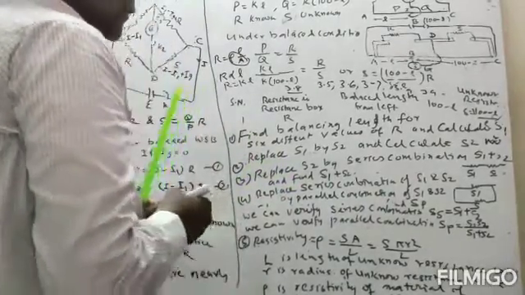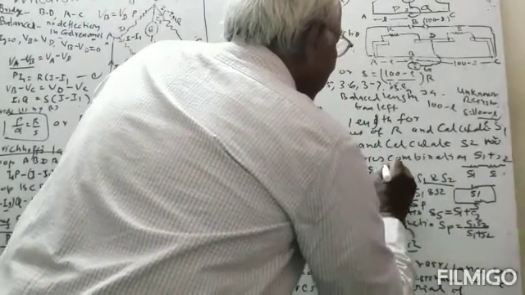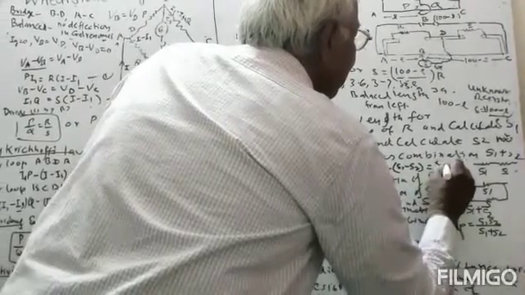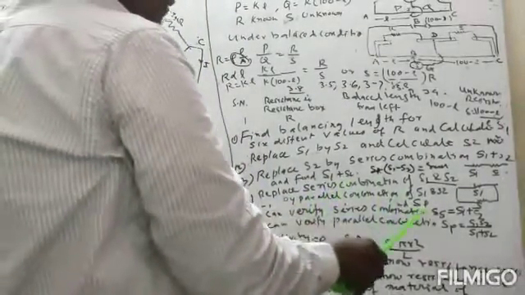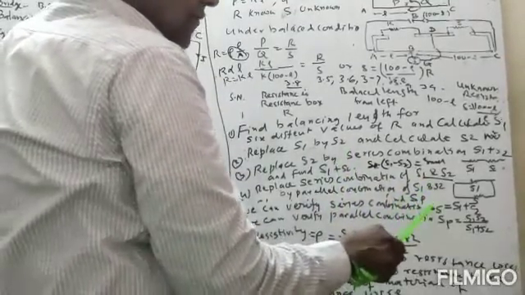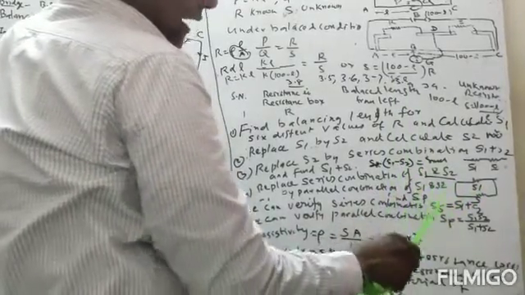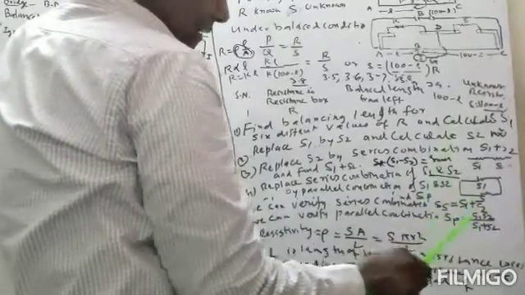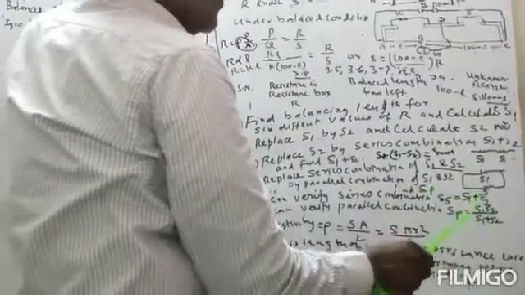The difference between the measured series value and S1 plus S2 will be very small. Similarly we find the parallel combination. Then SP will be equal to S1 into S2 by S1 plus S2, and the difference of SP and S1 into S2 by S1 plus S2 should be small, and it will prove the law.